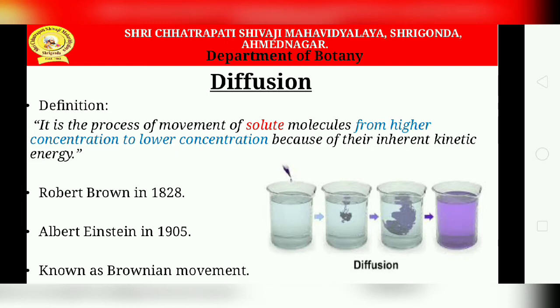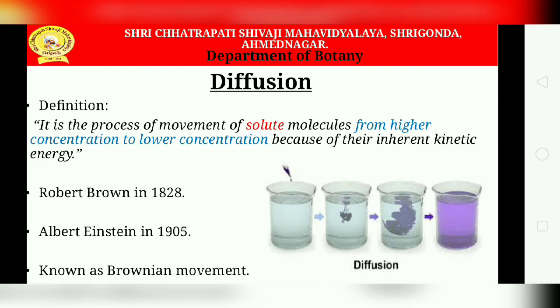The crystals dissolve slowly in the water, or the ink dissolves and gets mixed with the water. A net movement of these molecules occurs, and the movement of water molecules occurs in the opposite direction as well.